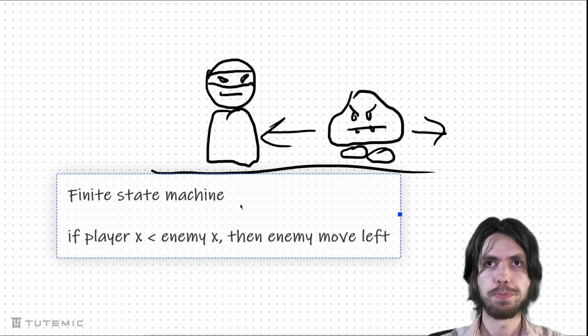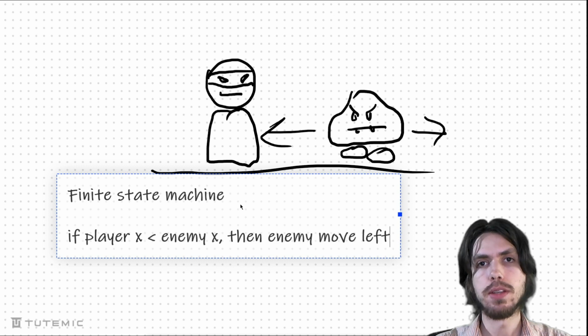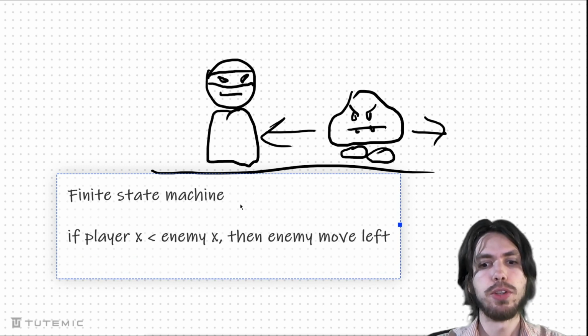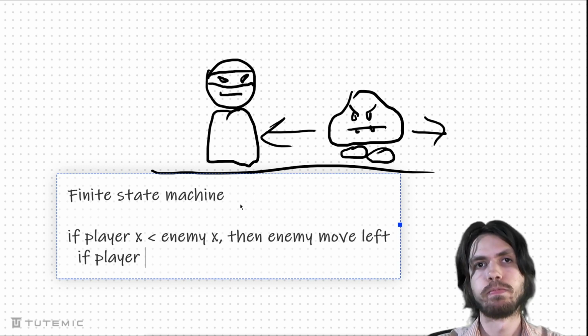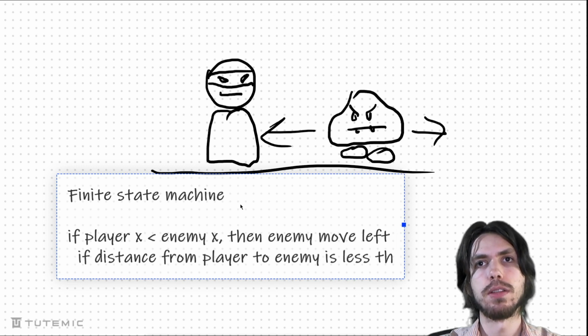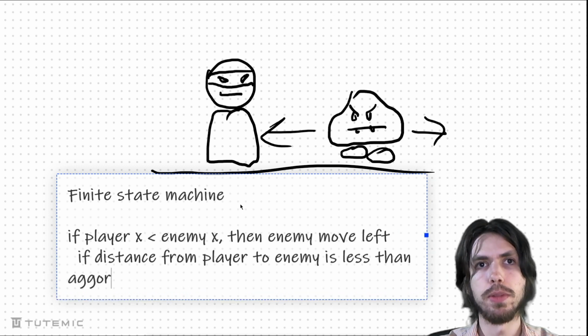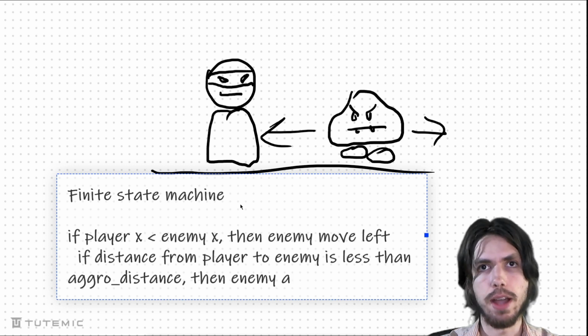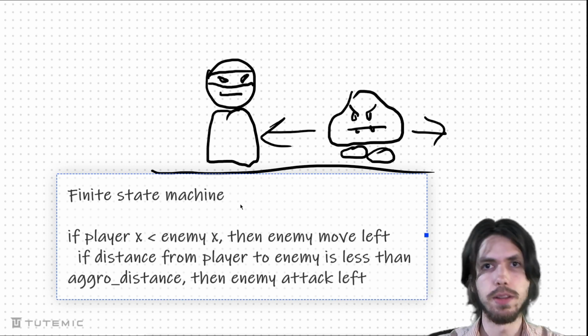It's very simplistic. And then you would add another layer, and then when the enemy is in range, it attacks the player. Okay, so then you add just a little bit more, right? So you have this kind of movement thing, but you also say, if the distance from player to enemy is less than aggro distance or something like that, then enemy attack left, I guess, because we're in this kind of sub part of this.